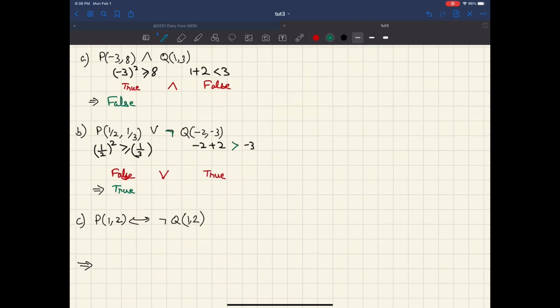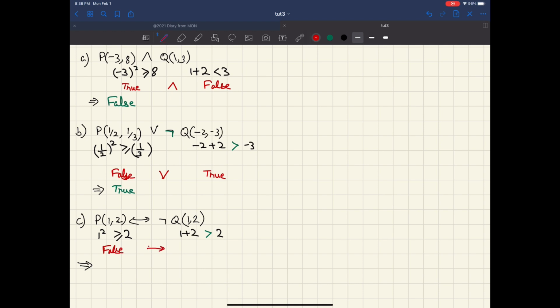For part C, we have P of 1, 2 biconditional negation of Q of 1, 2. So it would be 1 squared is greater than or equal to 2, biconditional 1 plus 2 is greater than 2. 1 squared is clearly not greater than or equal to 2, so it's false.